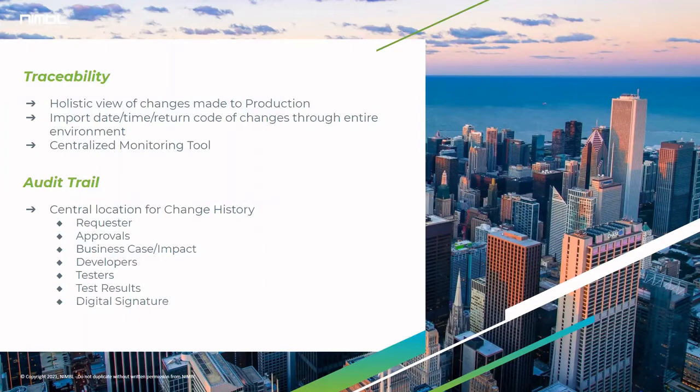So I mentioned before the traceability, having a history of these transports. I prefer the holistic view of the changes made to production. I want a single location where I can see from start to finish, soup to nuts, what has been done in my environment, where the development began, when those imports occurred to the QA, to the staging environment, and through CHARM, the document itself, and through the administration tools, we have this centralized monitoring of our landscape, keeping a running history of the impacts made to our environments, giving us the end goal, as I've mentioned a few times, which is production stability.